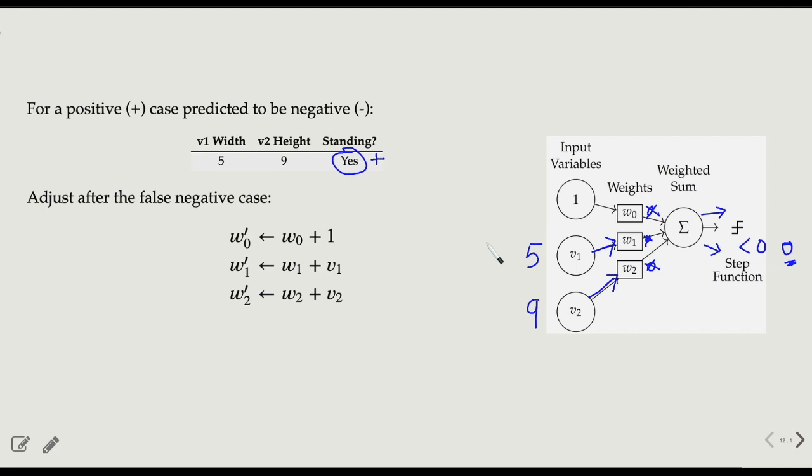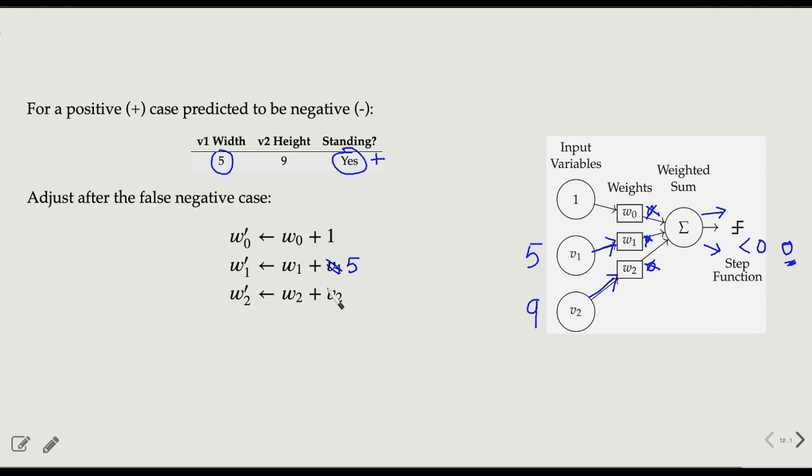And we are going to update the weights to correct the problem so that we move away from that situation. So the strategy here is very simple. If the actual class is positive and you make a negative prediction, which is wrong, you are going to add the values to the weight. So here I have 5 for the V1, which is width. So I'm going to add 5 to the existing weight.